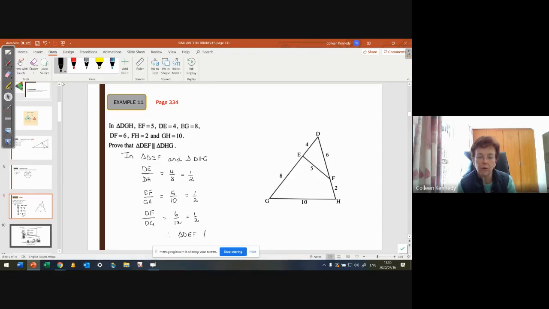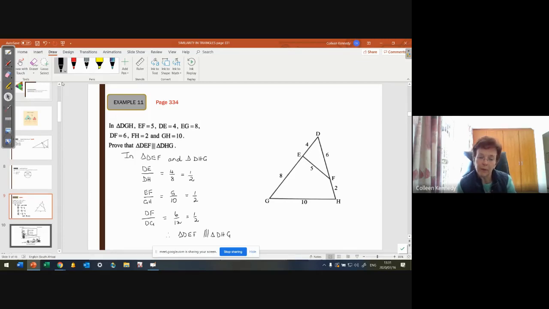And we really should worry about order. So D is obviously your common angle. And DE matched up to DH. So it's going to be DHG. They generally do give them in the right order, but they don't have to.